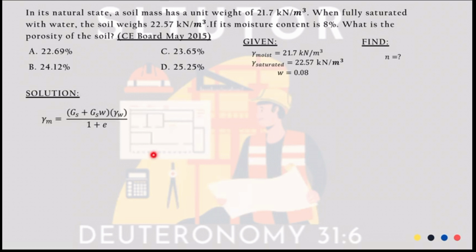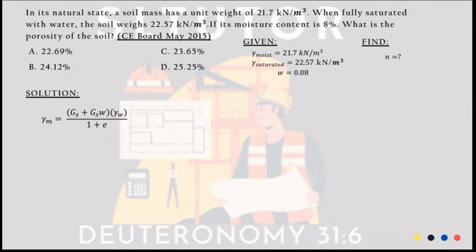So, ang formula is GS or specific gravity plus GS times water content times gamma water over 1 plus E. So we know the gamma moist 21.7. We know the water content 0.08. GS unknown, and then the gamma water is 9.81.